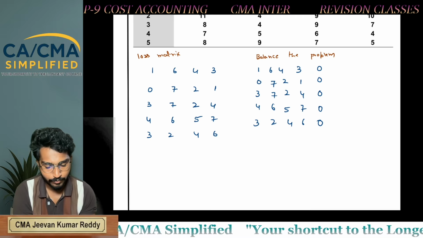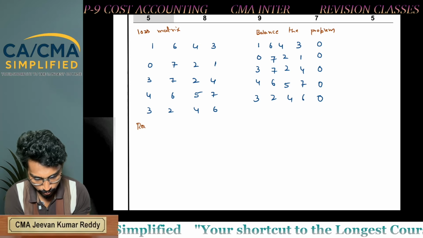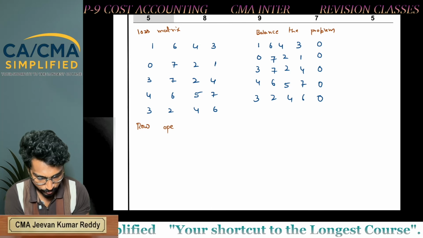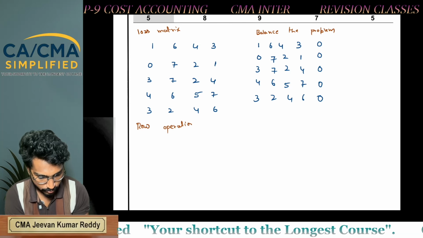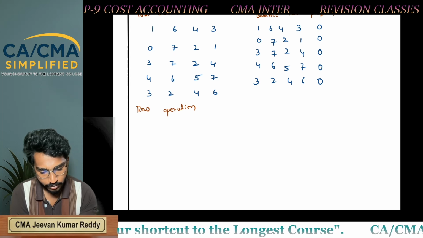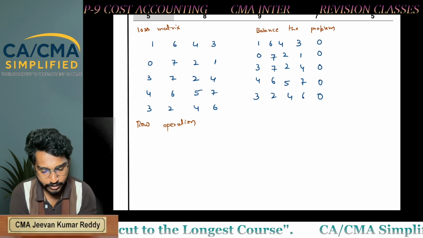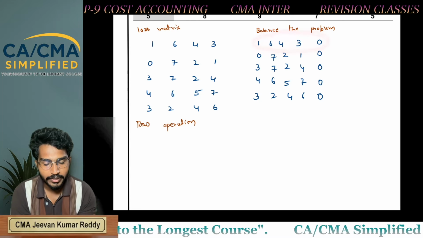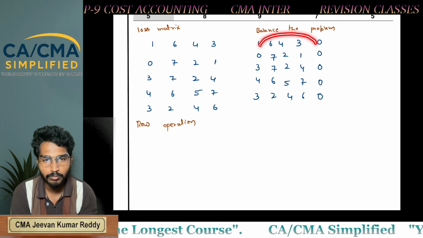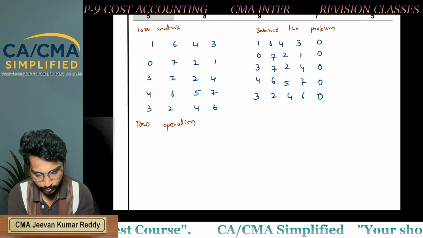Next, row operation. How to perform row operation? Select the lowest number from each row and deduct it from all the other numbers in that particular row. So what is the lowest number? 0.